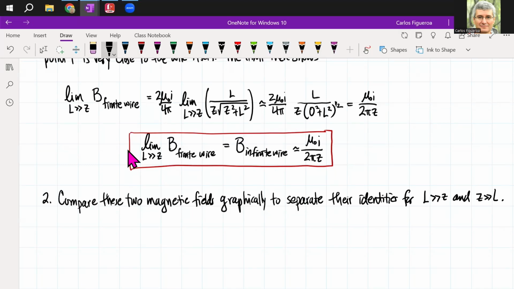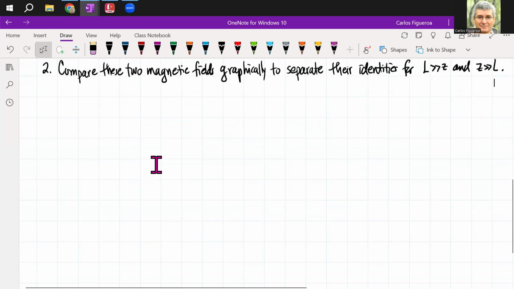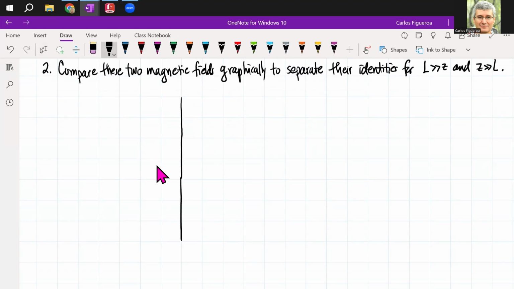So here's what we see. Let's try to draw a nice big graph to really show these differences. This is going to be the magnetic field relative to the Z direction. And of course, this is the Z direction right here. So let's separate the magnetic fields.